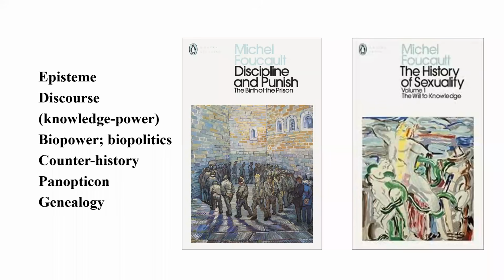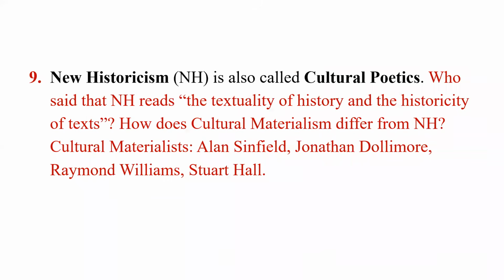Okay. So with this, I move on to section 9. Again, I'm continuing with the new historicism, which is also called cultural poetics, because that's what we do. We read into the culture, we explore plot. And you have a question. Who said that new historicism reads the textuality of history and the historicity of text? That's what I told you. This is the essence of new historicism.